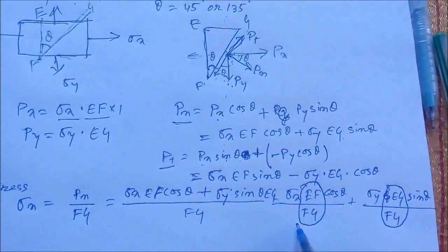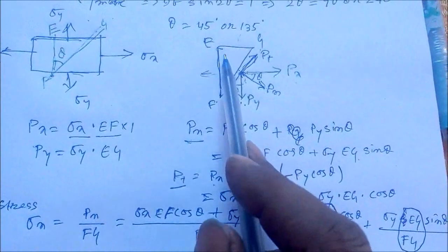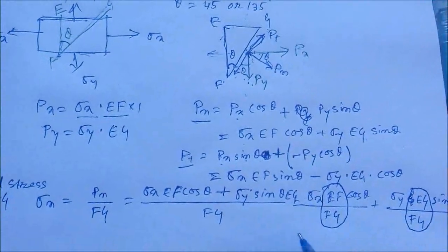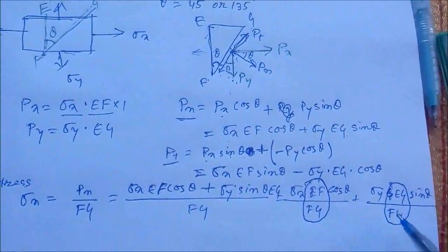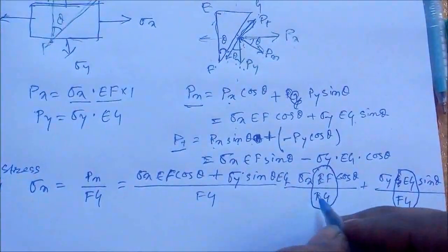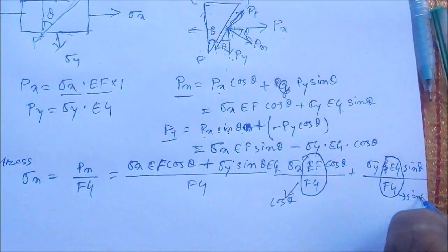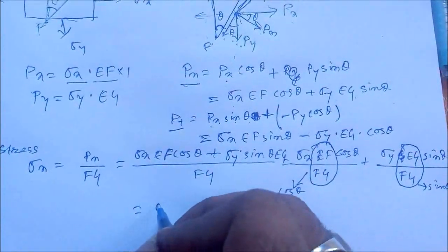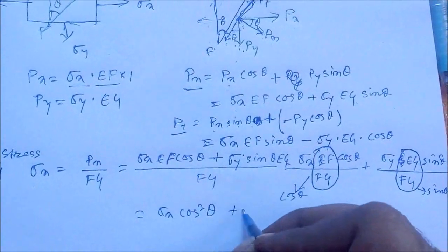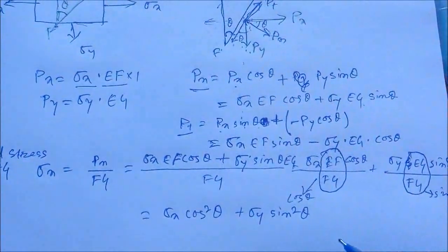For this particular triangle, if this angle is theta and this is 90 degree, EF by FG is nothing but cos theta, and EG by FG is equal to sin theta. So if we put this as cos theta and this as sin theta, what we are getting? We are getting sigma x cos square theta plus sigma y sin square theta, right?